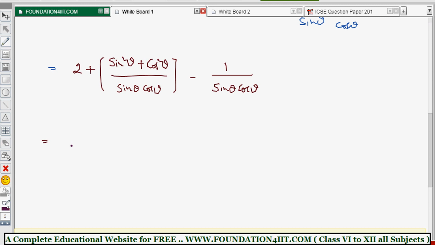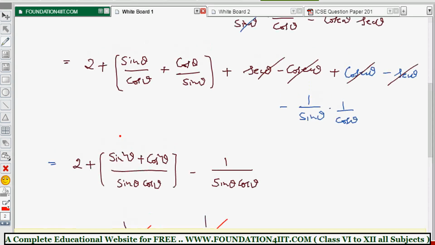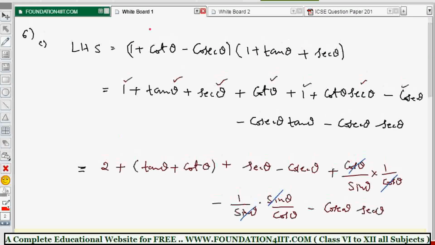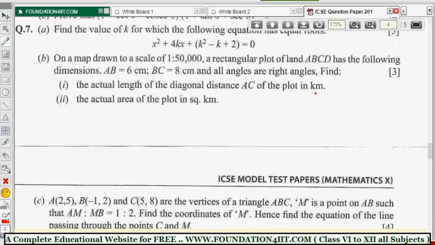So based on that, 2 plus 1 by sin θ cos θ minus, again this as is 1 by sin θ cos θ. That's it. These both are also same. If you cancel 1 by sin into cos, 1 by sin into cos, only 2 is left. This is the RHS. That's it. So we take LHS, and finally applying the trigonometric properties, we prove the RHS by taking LHS, right? Next we will see question number 7 and we'll solve these problems.